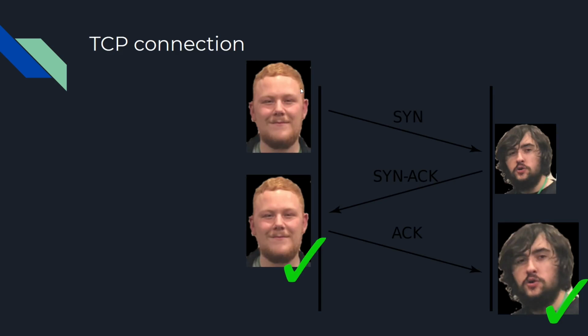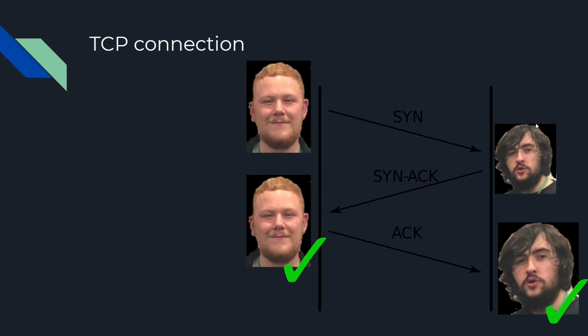TCP follows a strict routine of how to authenticate. When you start a TCP connection, you first send a synchronize packet. So let's say this is Perry's server and Perry wants to say hi to Harlan. Before he even sends the data, he has to send the synchronization packet.